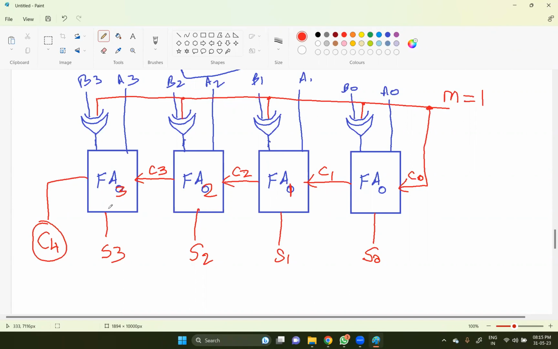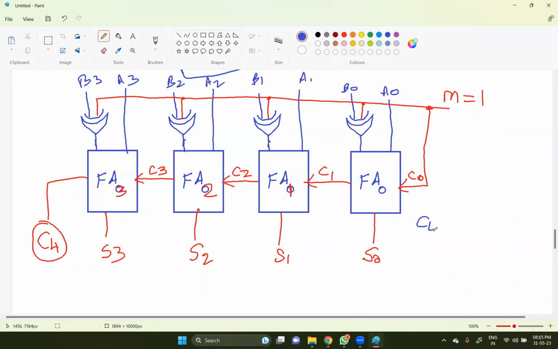Okay, something like this. One of the bits must always be flipped. That flipping operation will be done by the exclusive OR gate. While explaining this, you need to always take care about C4.